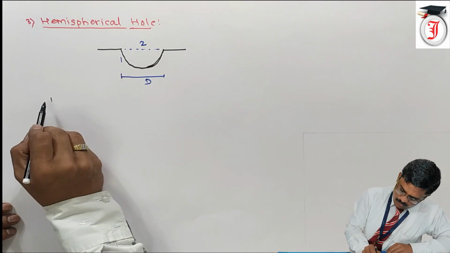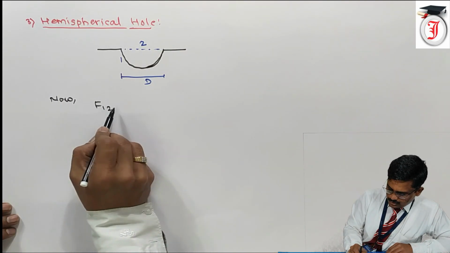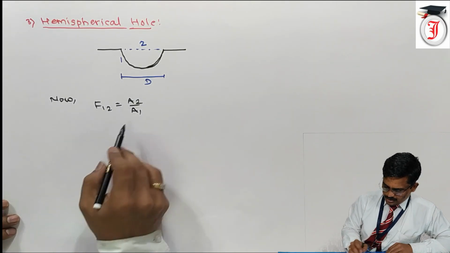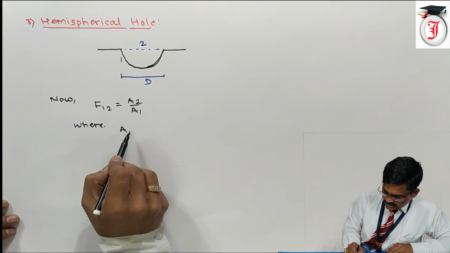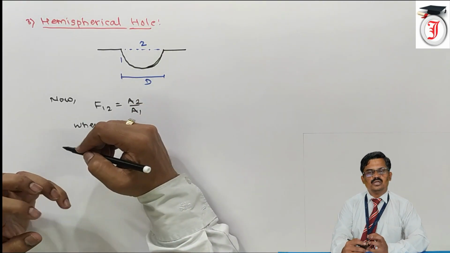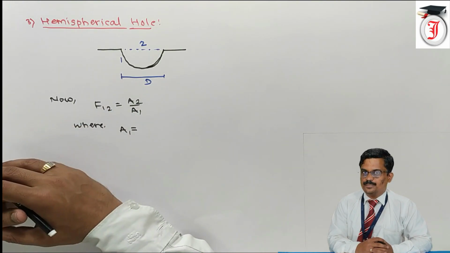We now have the reciprocity theorem, F12 is equal to A2 upon A1, where A1 is the surface area of a hemisphere. We know the surface area of a sphere is 4 pi r square.